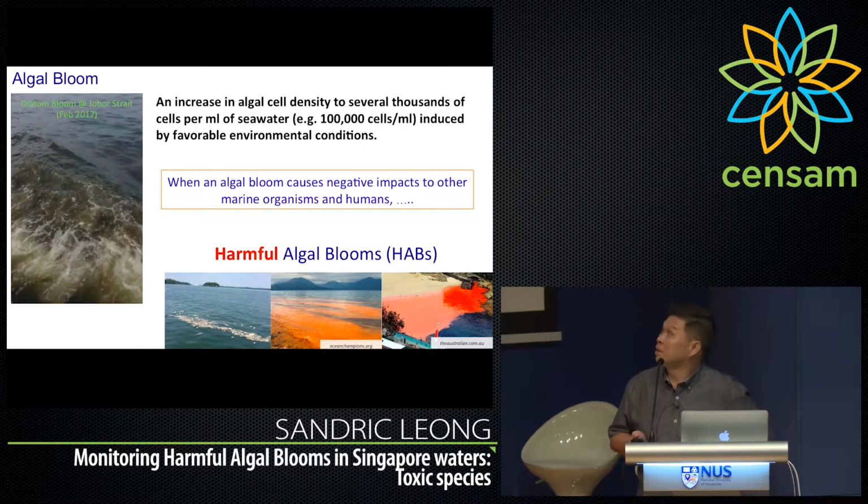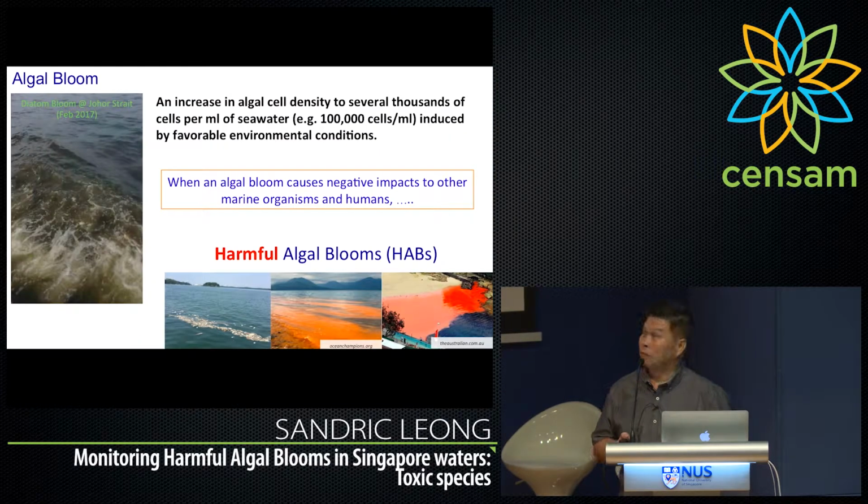I'd like to start with a short introduction to harmful algal bloom, in case there are any people who don't know. Algal bloom is defined as an increase in algal cell density to several thousands of cells in a drop of seawater, induced by favorable environmental conditions such as high levels of nutrients, good sunlight, and a stratified water column.